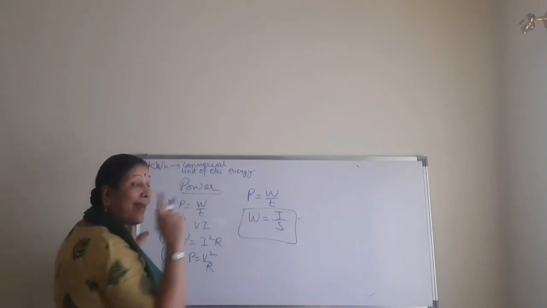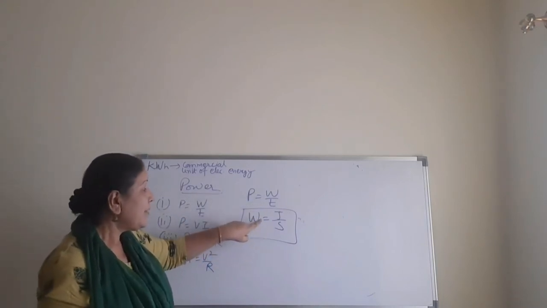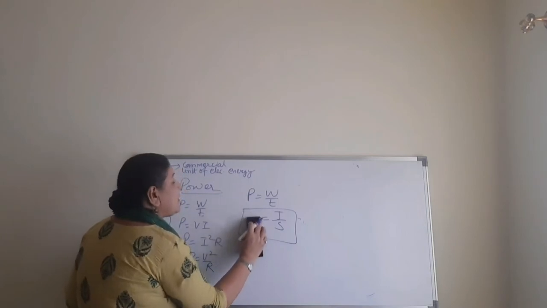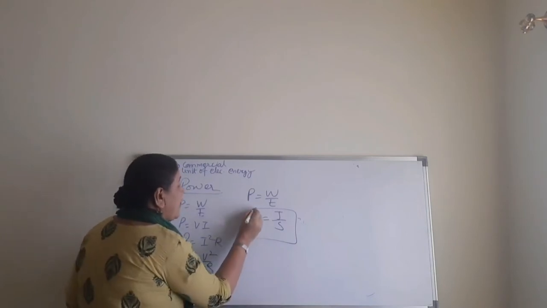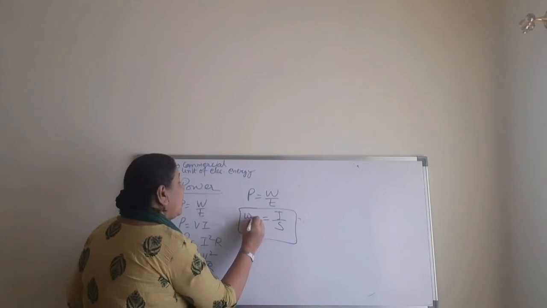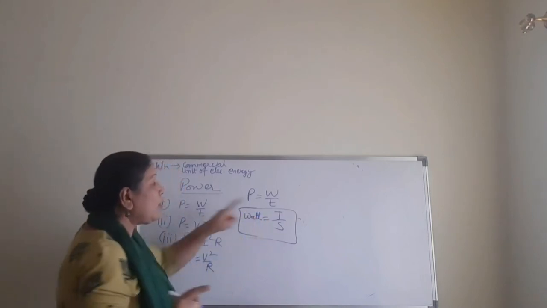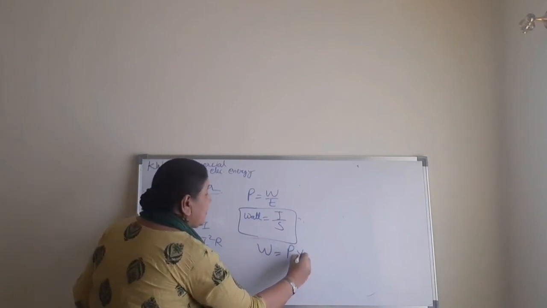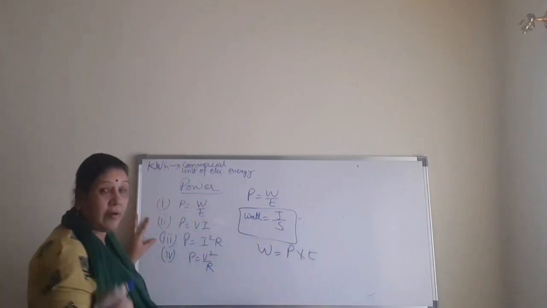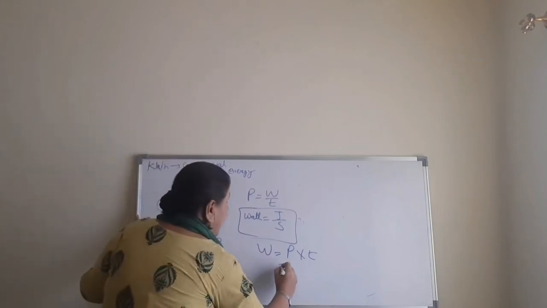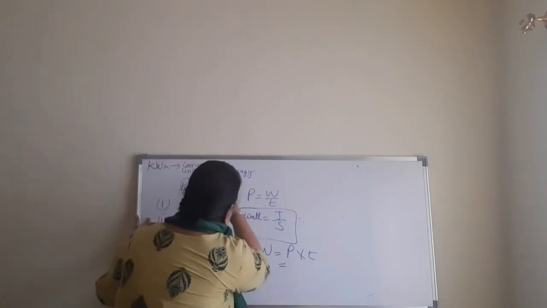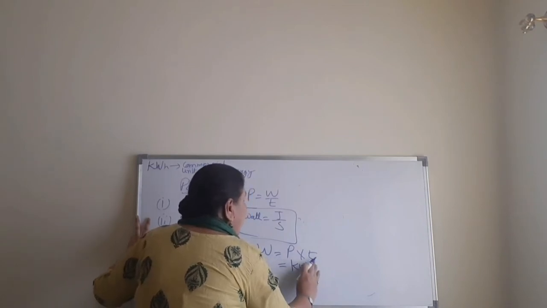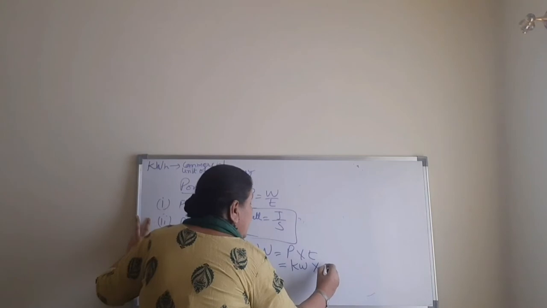Now when I'm talking about the energy, and you know that this is watt, or I'll just write watt here, so that you are not confused. When I'm talking about the work done, W, this is energy, because work and energy are related. So instead of power, here I'm showing you how power is in kilowatt and time is in hour.